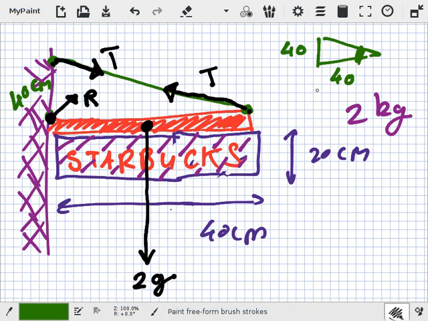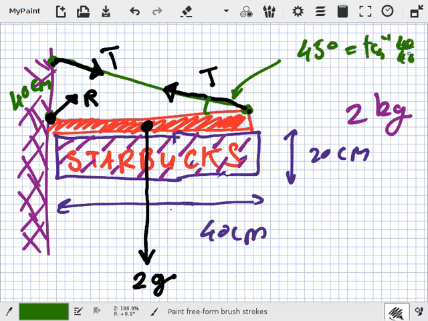Tan inverse of what? 40 over 40, which is 45 degrees. So in other words, this angle here is 45 degrees because it's tan inverse of 40 centimeters over 40 centimeters. Okay. Now, why do you think I care about getting this angle?